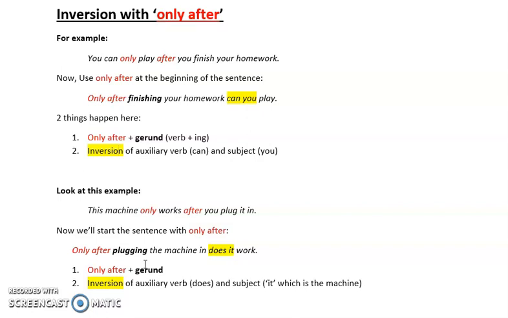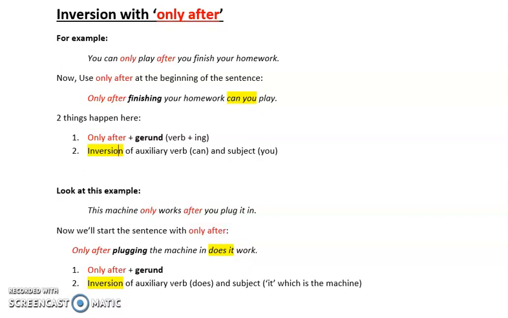So again, two things have happened here. Only after plugging the machine in, or plugging in the machine, they're both the same, does it work. I've got only after with my gerund, and I've got the inversion of the auxiliary verb and the subject. So does it instead of it works, I put does it work.